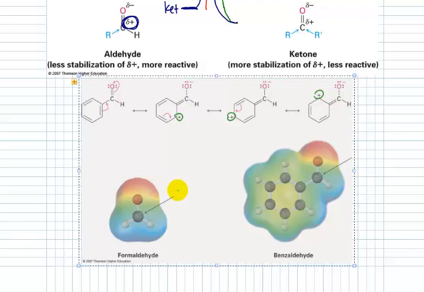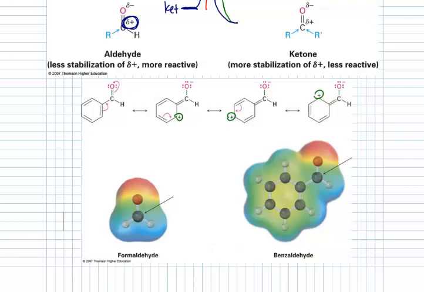So formaldehyde here in this electrostatic potential map is very blue. Formaldehyde has more partial positive there. Benzaldehyde has less partial positive because the pi electrons in the ring have donated towards it and have distributed the plus charge throughout the ring, essentially.